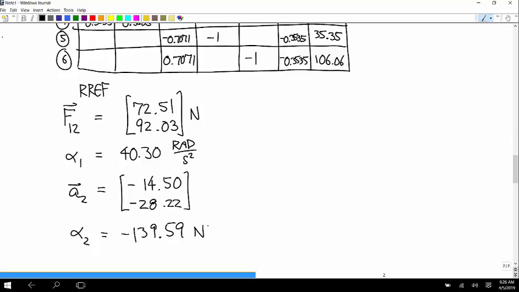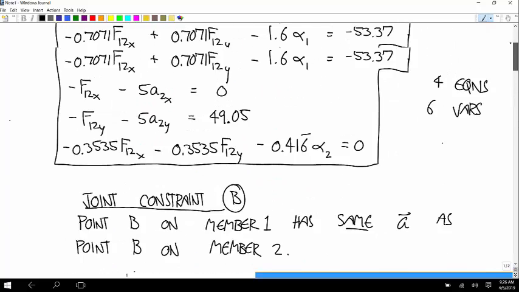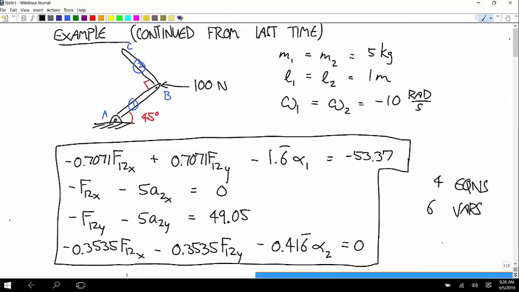Okay, so let's interpret what we have. This is, I think, cool. What we figured out is, if this was a static case, you know how to calculate the reaction forces.